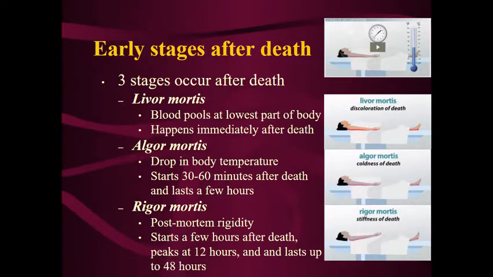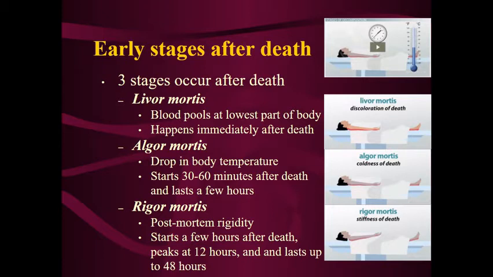Now, after death, there are some very specific stages that occur with the body, and these have a lot to do with muscles. So the first stage after death is called livor mortis, and this is when blood will pool at the lowest part of the body, and this happens immediately after death. And so that's going to result in discoloration, where there's going to be darker coloration on the lower parts of the body.